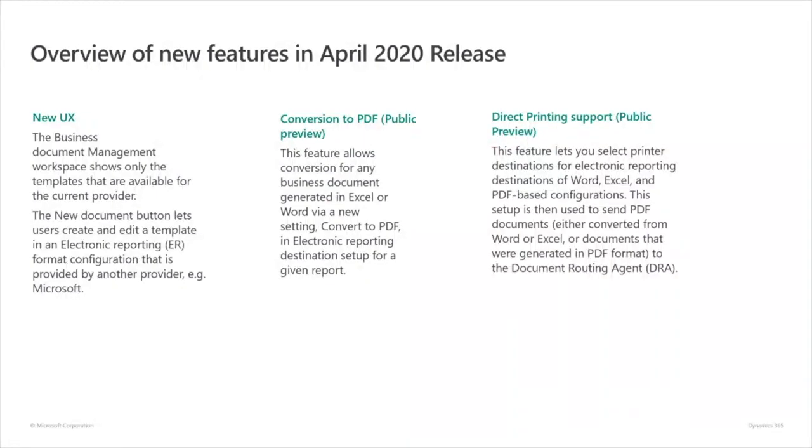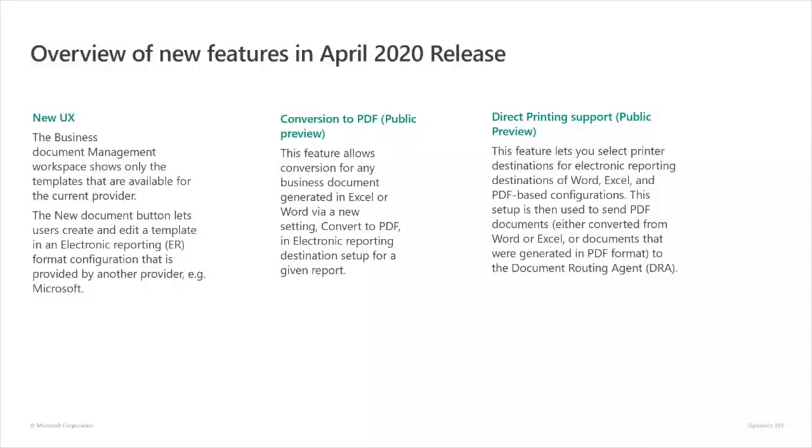So first feature we will show to you is new user interface. And the idea of the new user interface is that you see in the workspace for business documents only your documents. You don't see all the templates. It's similar to what Excel, for example, provides. And then you click a new document button and you see the list of available templates.